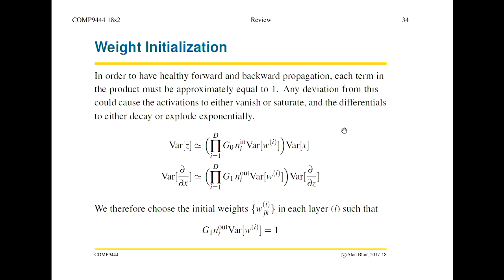You go through this analysis where you figure out the expected mean and variance of the activations at the different layers, and then if you initialize the weights from a Gaussian distribution with an appropriate standard deviation, then everything will be in balance, and the differentials will neither explode nor vanish as you go backwards through the network.